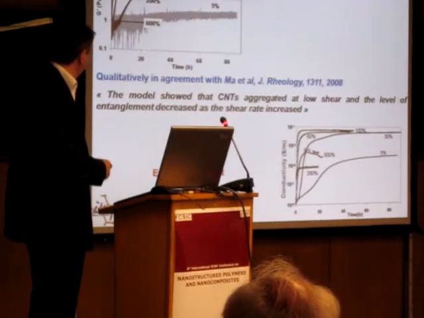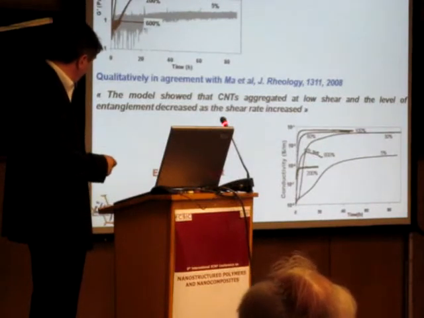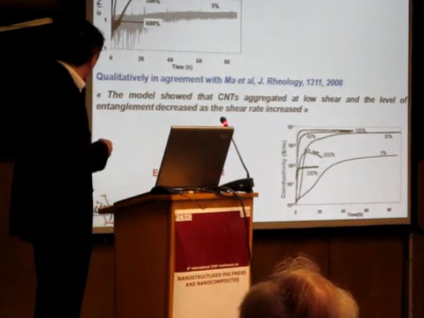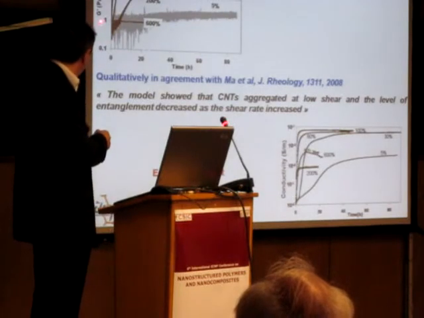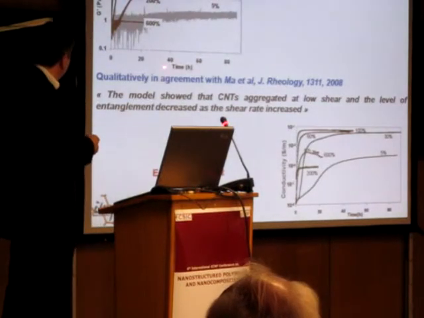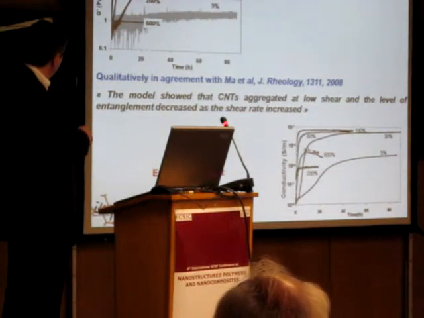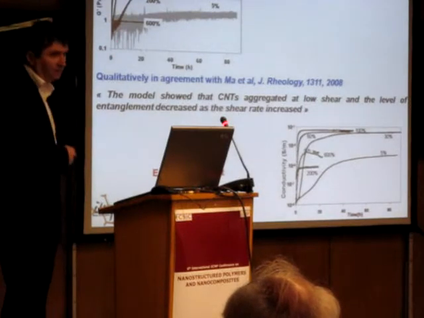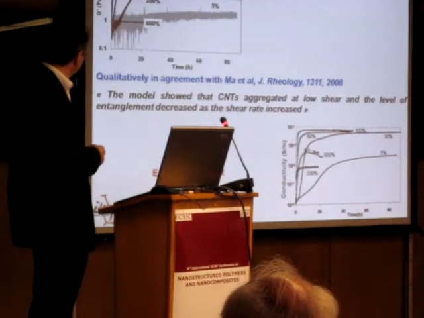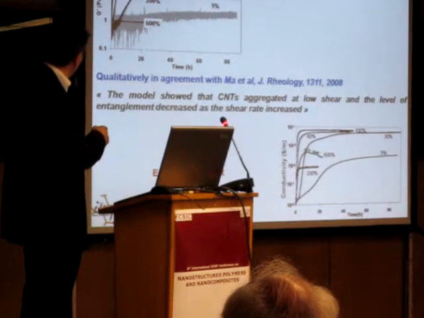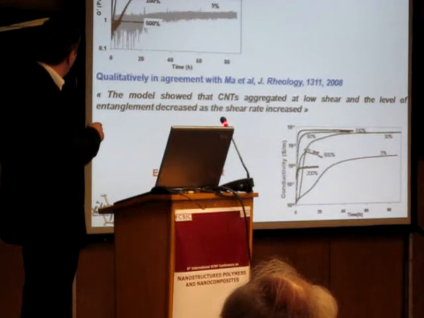In this slide, I have summed up the different results. Here you have the variation of the storage modulus versus time. So you can see that the aggregation of nanotubes strongly depends on the deformation that you apply. And you can see that the transition between the linear regime and the non-linear regime is about 60 to 100% deformation.